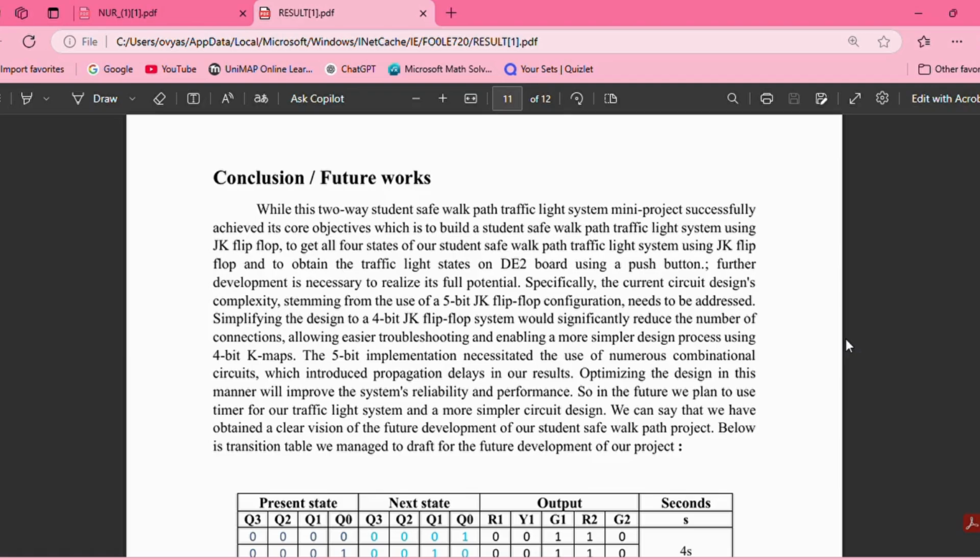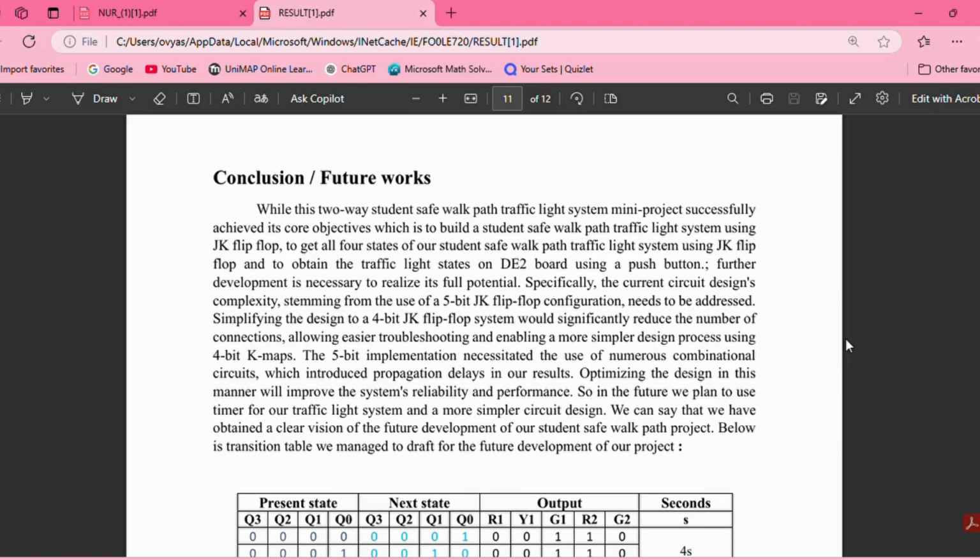The 5-bit implementation necessitated the use of numerous combinational circuits, which introduced propagation delays in our results. Optimizing the design in this manner will improve the system reliability and performance.